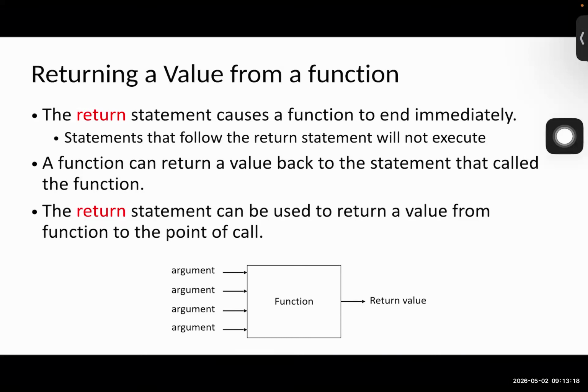If the function is not a void function, and the function is an int, a double, a float, a character, a string, or any other type apart from void, it will return a value when it is done. If not for anything, it will return 0.